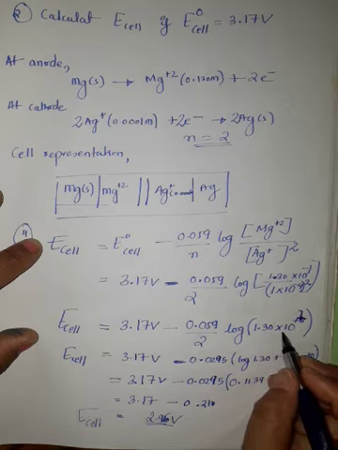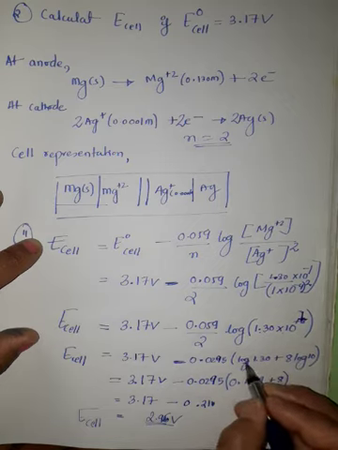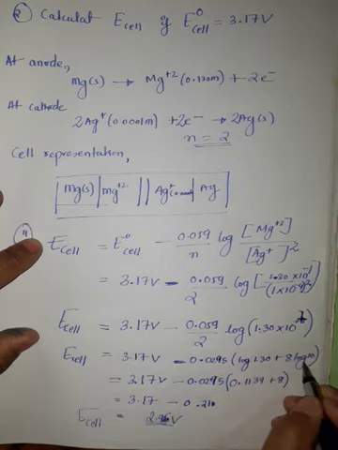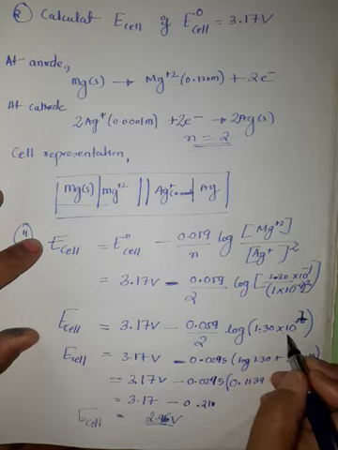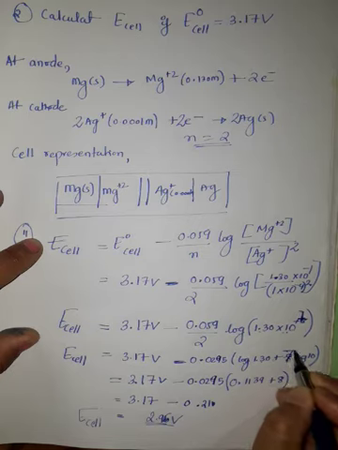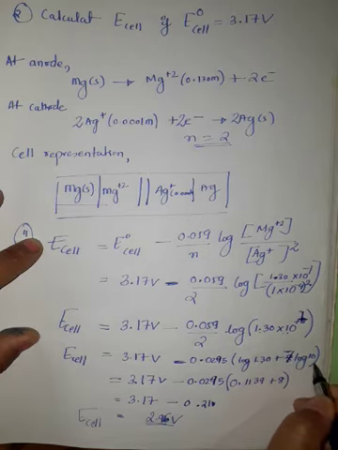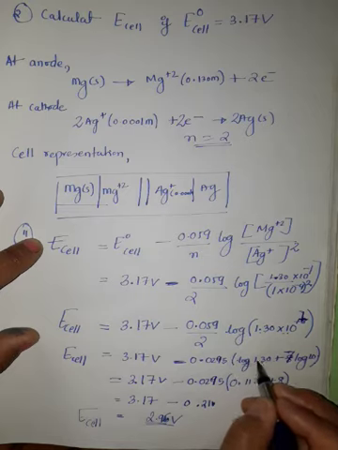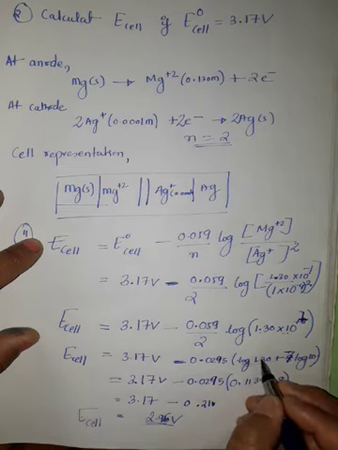Here log of a into b can be written as log a plus log b. Now log 10 to the power anything, we can write this as 7 log 10. What is log 10? It is 1. This value we can find from the log table.